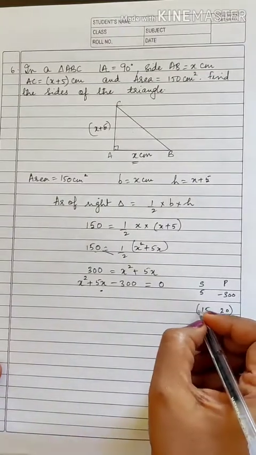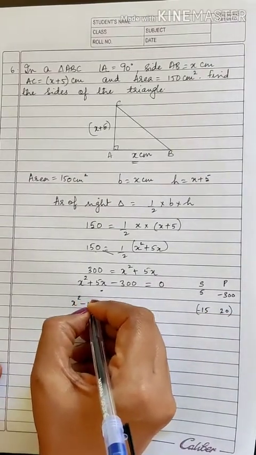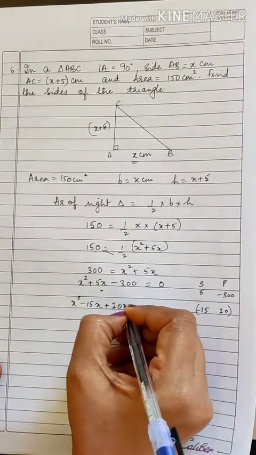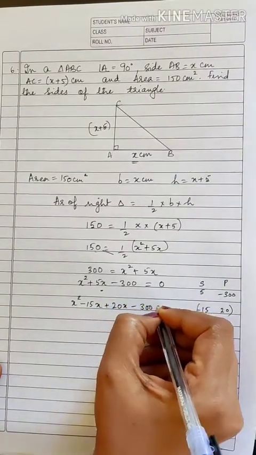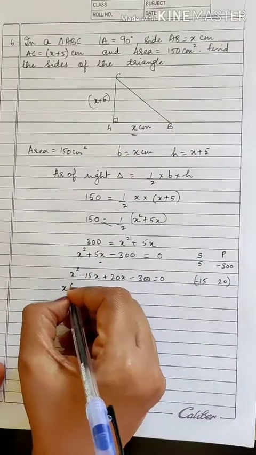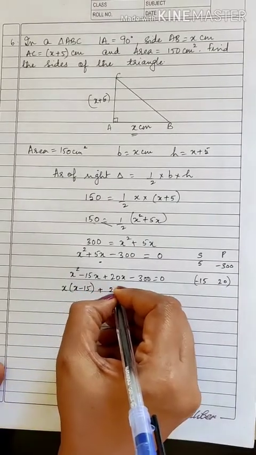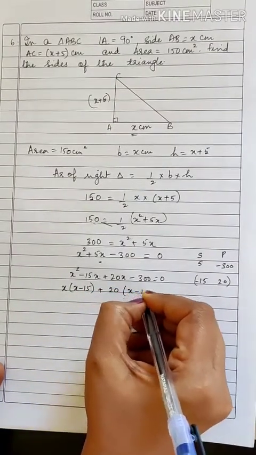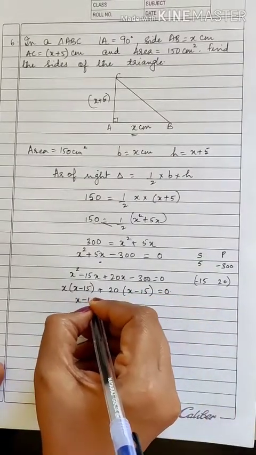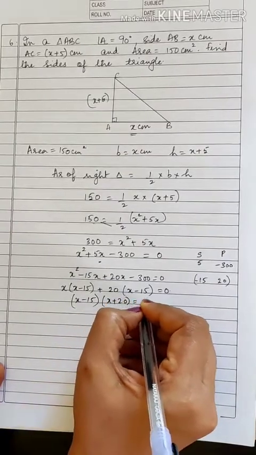So you get x square minus 15x plus 20x minus 300 is equal to 0. Taking common, x of (x minus 15) plus 20 of (x minus 15) is equal to 0. (x minus 15) of (x plus 20) is equal to 0.